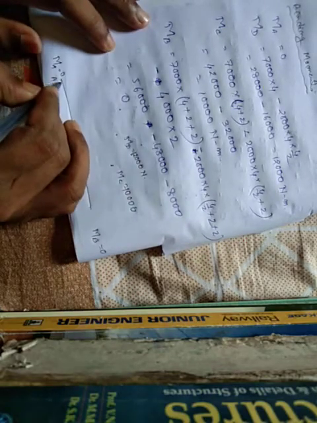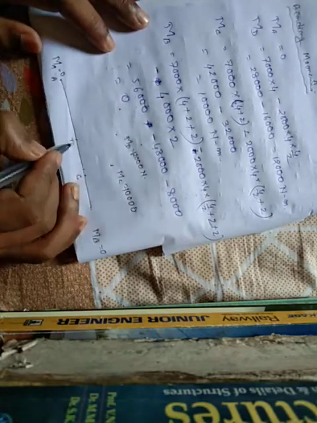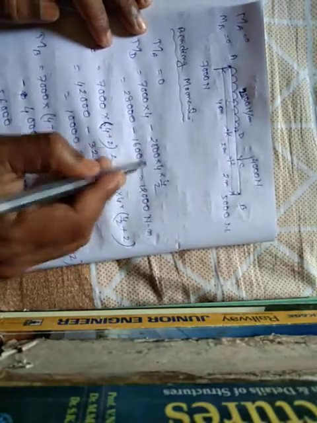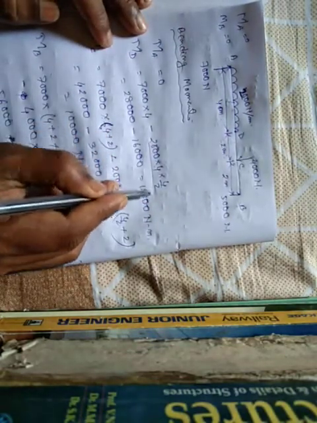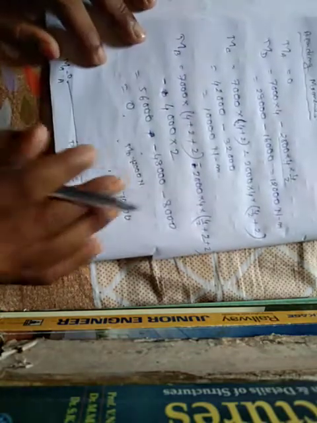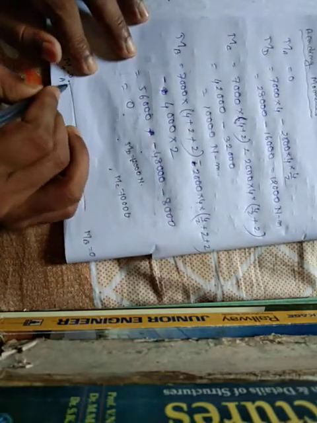The shape of the bending moment from A to D is a parabola, because of the uniform distributed load, the parabolic equation.